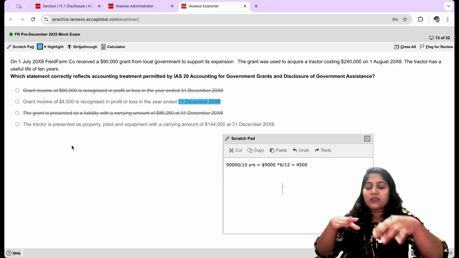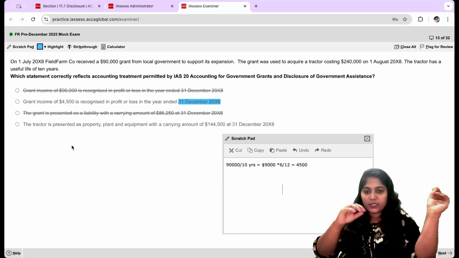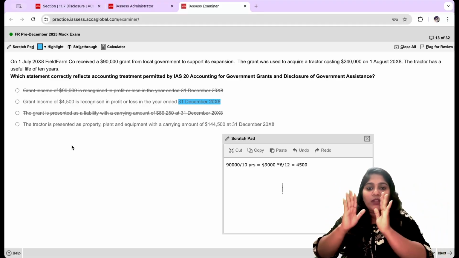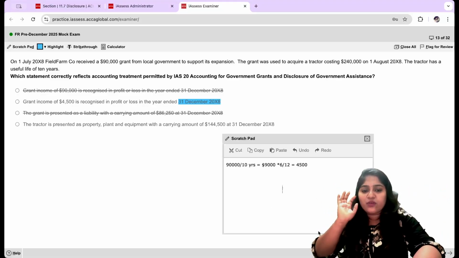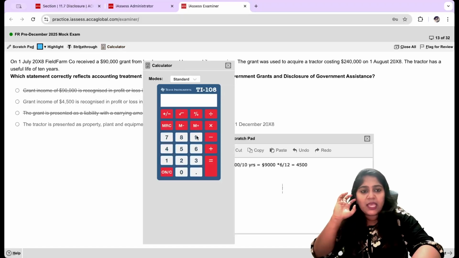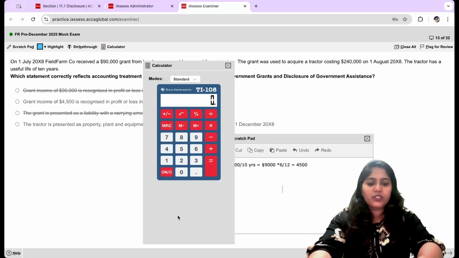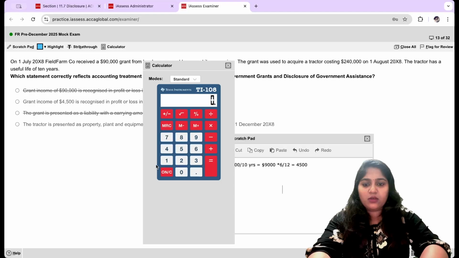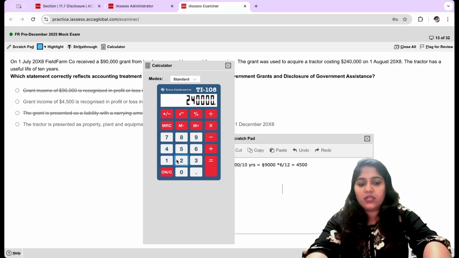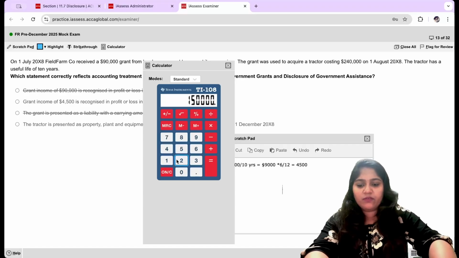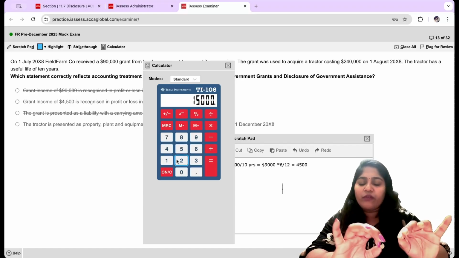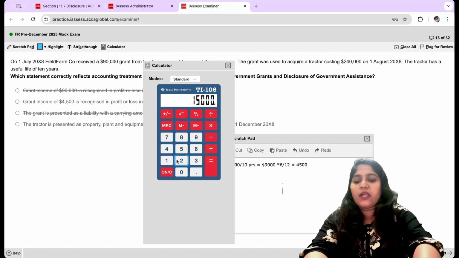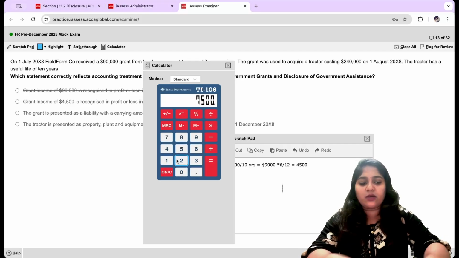Look at option D. The tractor is presented as property, plant and equipment with a carrying amount of 144,500. If I would have reduced the value of the asset, then I have a purchase cost of $240,000. In this, if I would have reduced $90,000, then the asset value should have been 150,000. In that, if I would have calculated depreciation of 10 years, 15,000 should have been my depreciation, but I would have calculated for 6 months, 7,500.